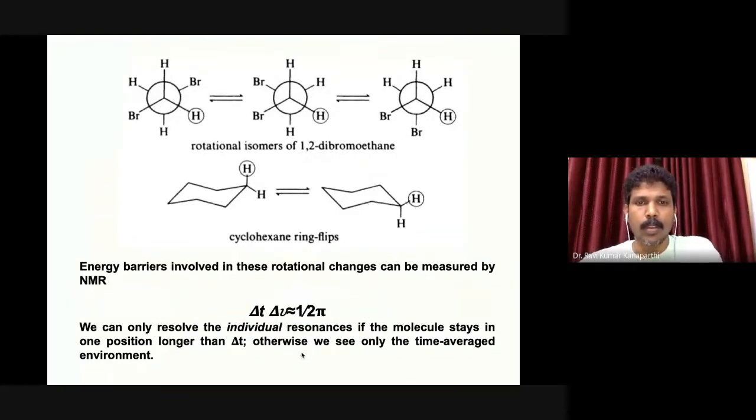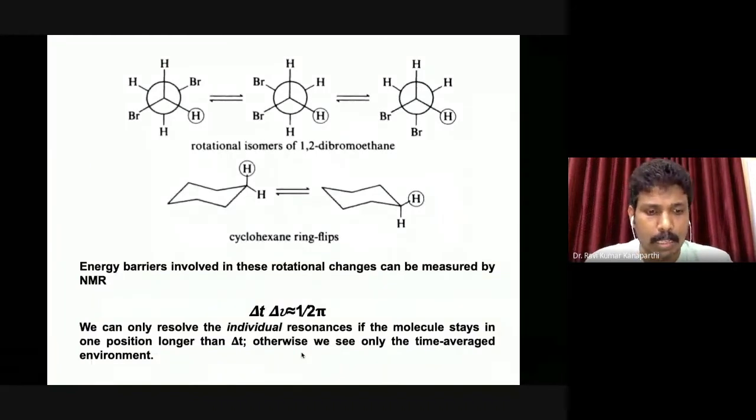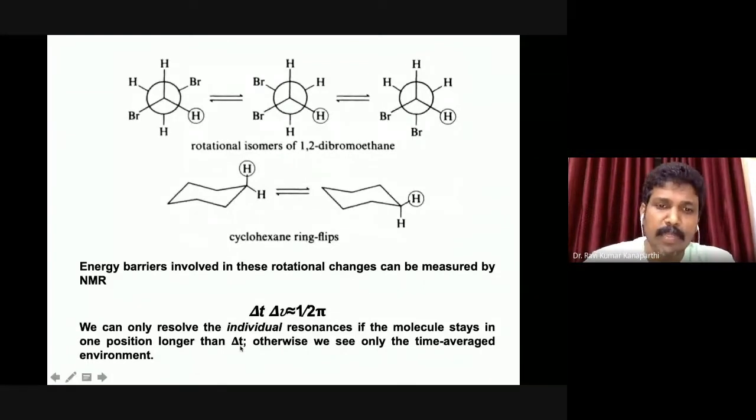So we can resolve two different conformers, or two different NMR signals, only when a molecule stays longer than delta t, the time that is required.